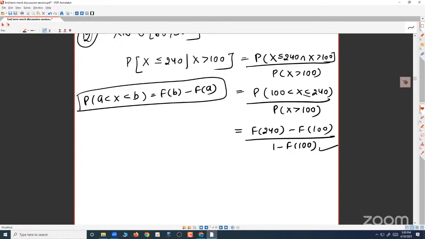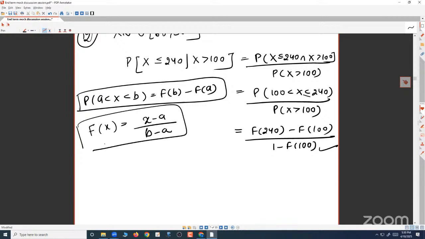Is this step clear to everyone? Yes. Sure? Okay. Now, for a uniform distribution, the CDF is given as (X minus A) divided by (B minus A). Just put the value here. So this would be (240 minus 60) divided by (360 minus 60).